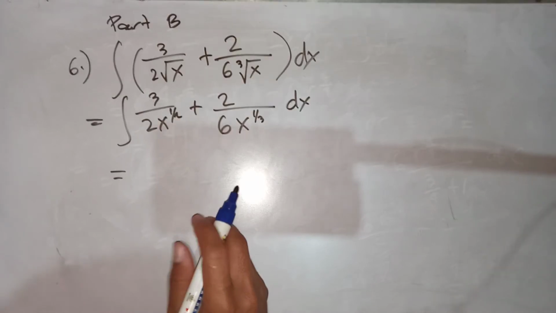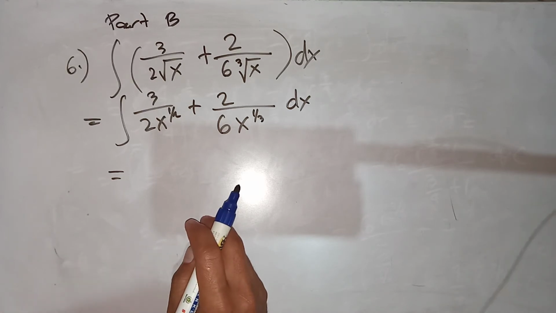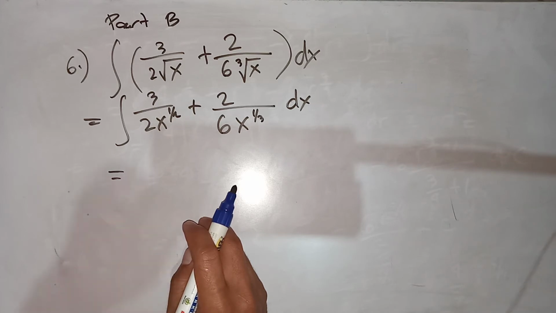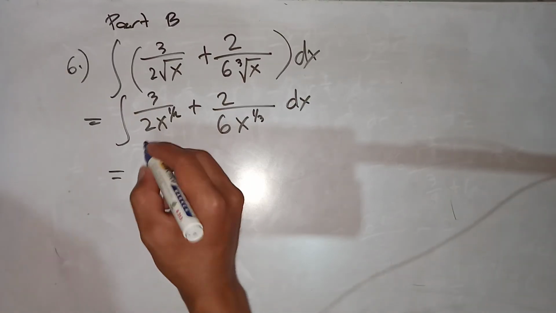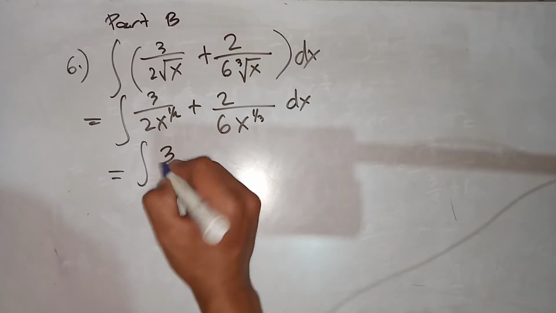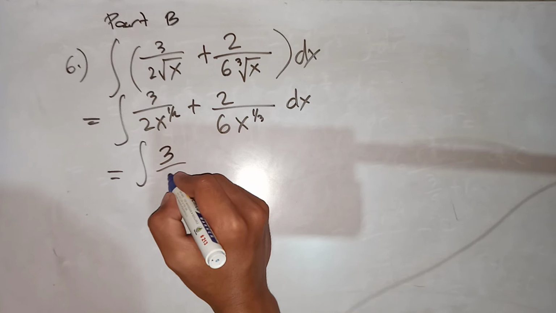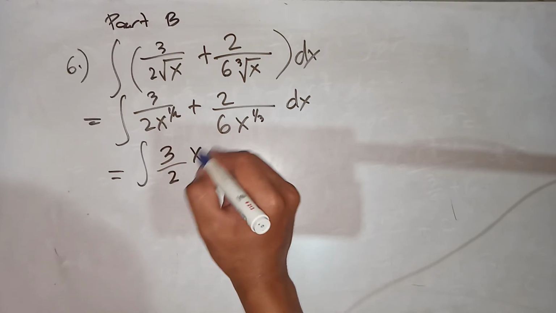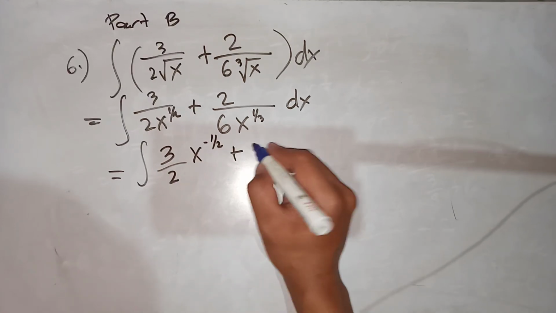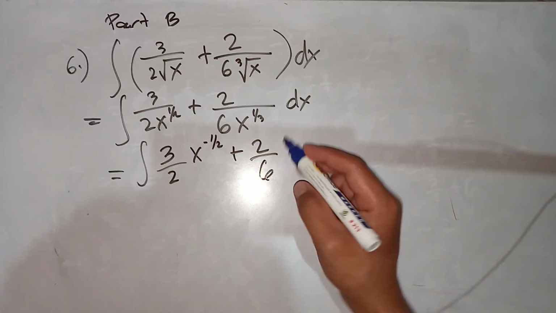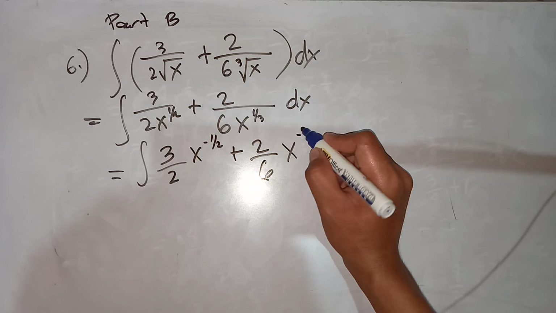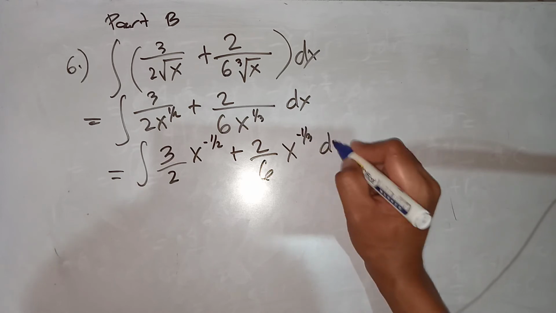What I'm going to do is write this into this one: 3/2 x raised to negative 1/2 plus 2/6 x raised to negative 1/3 dx.